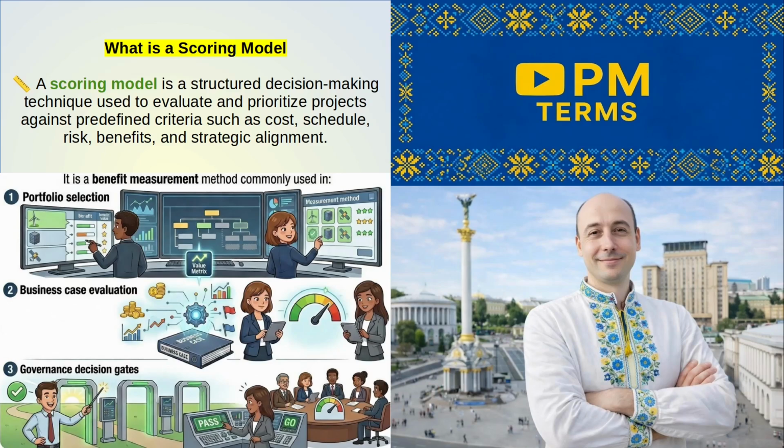A scoring model is a structured decision-making technique used to evaluate and prioritize projects against predefined criteria, such as cost, schedule, risk, benefits, and strategic alignment. It's a benefit measurement method commonly used in portfolio selection, business case evaluation, and governance decision gates.